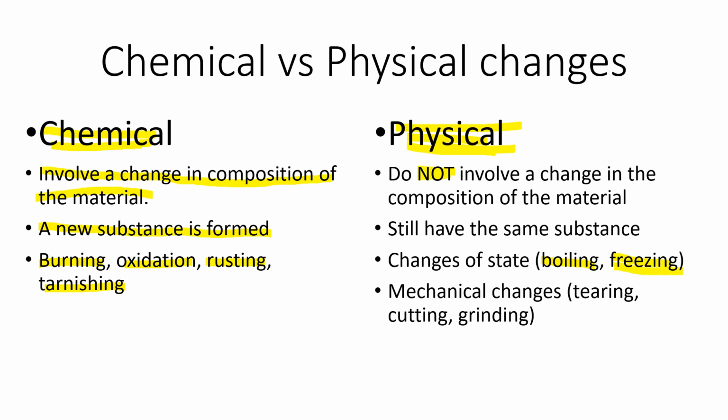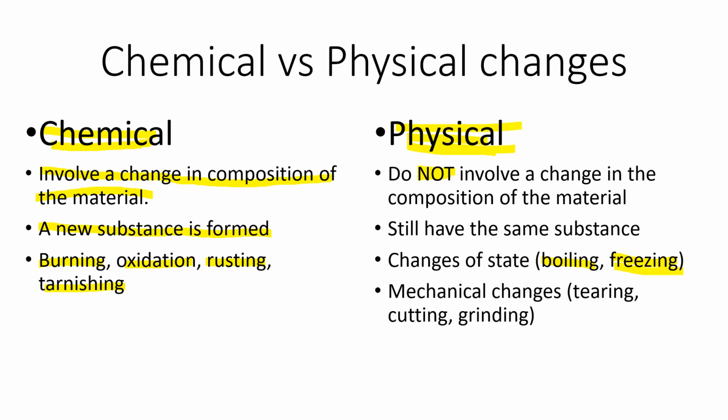If you put water in a plastic tray and put it in the freezer, as that liquid water turns into solid ice, you just change the state. It's still water, just of a different form. It's now in its solid form instead of its liquid form. So those didn't change the composition of the material in a chemical way, they just changed the state. So changes of state are definitely physical changes.